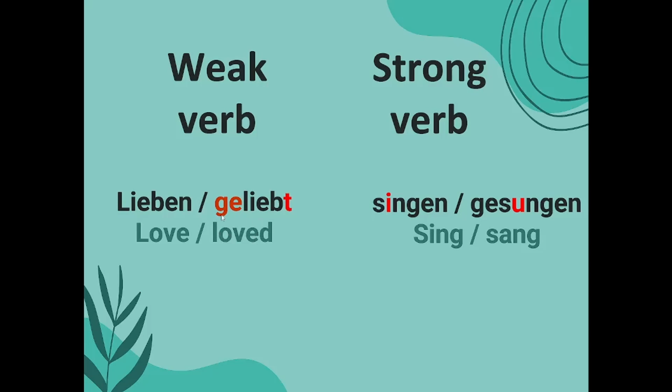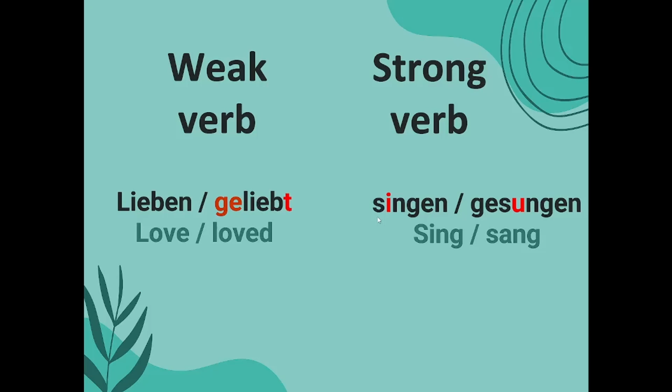In German, all these weak verbs will get a ge prefix and t at the end. So lieb is the stem or the root of this verb. En is just an ending, so you will remove this and add the ge prefix and t for weak verbs. And there are some strong verbs. I'll provide you examples and a list as well.